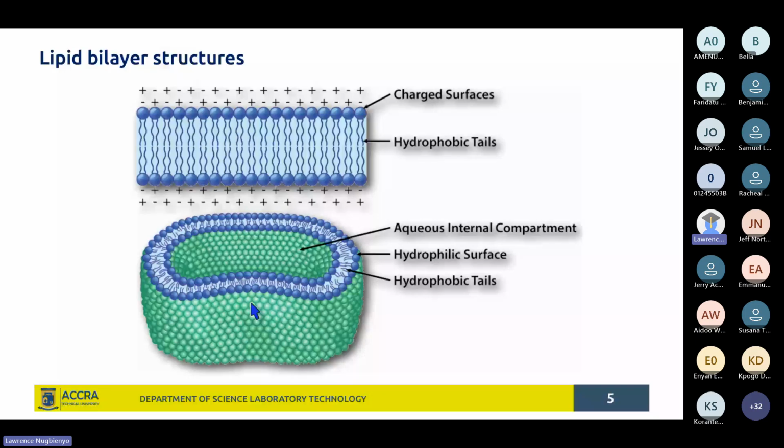And inside it, because you have the hydrophilic ends pointing outwards, you can have water filling in there. And of course, such a structure can also have water molecules around it that it will be interacting with.